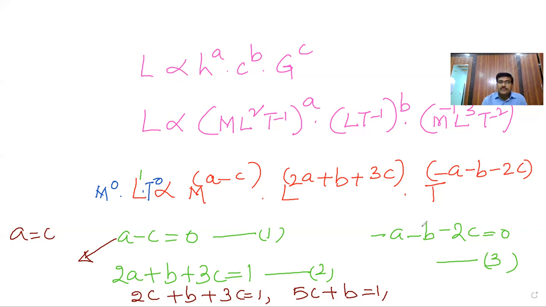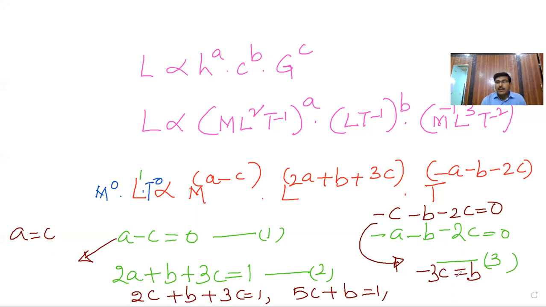Similarly in the third equation, substituting A is equal to C: minus C minus B minus 2C is 0. That means minus 3C is equal to B.